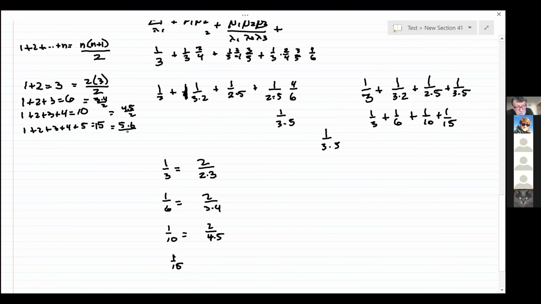So these numbers really look like 2 over 2 times 3 plus 2 over 3 times 4 plus 2 over 4 times 5 plus 2 over 5 times 6. So you can factor out the 2 and just worry about this stuff.